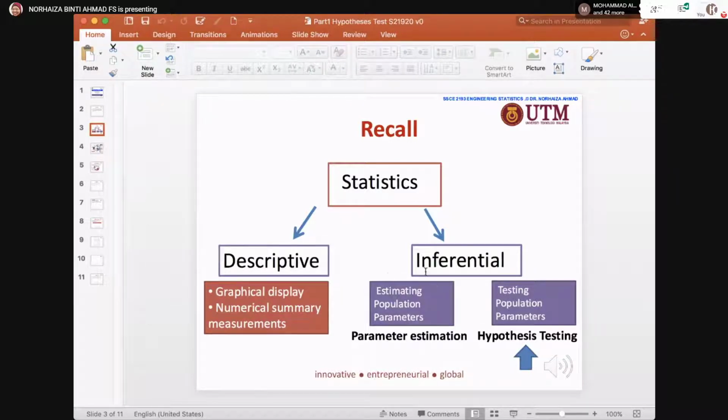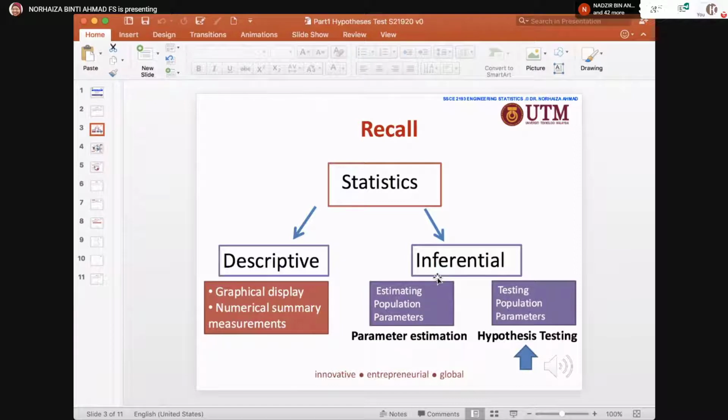So this is called parameter estimation. In chapter 3, we use the information from the sample to calculate the estimated values of the population parameters. That's the first part of inferential statistics.